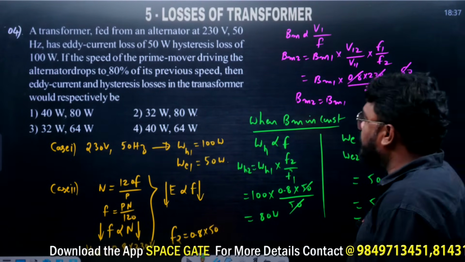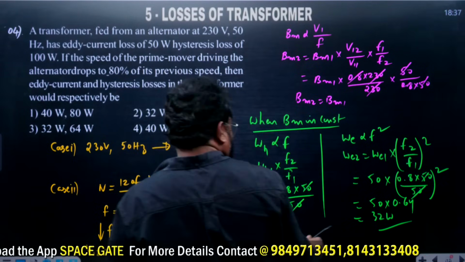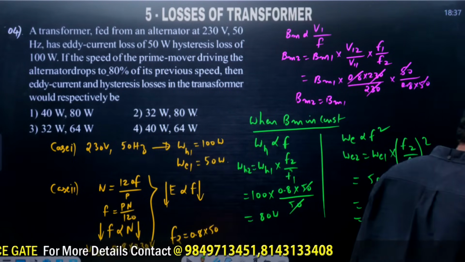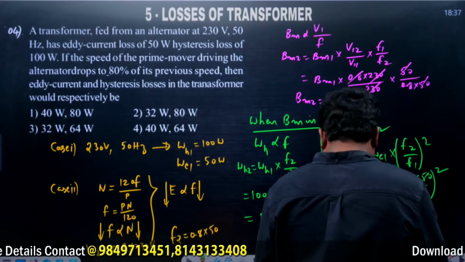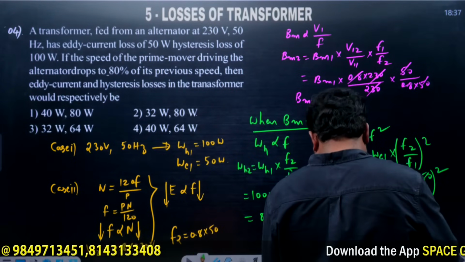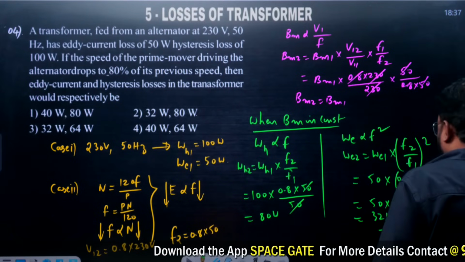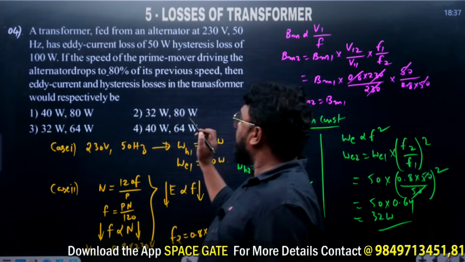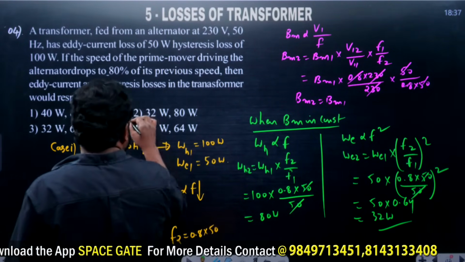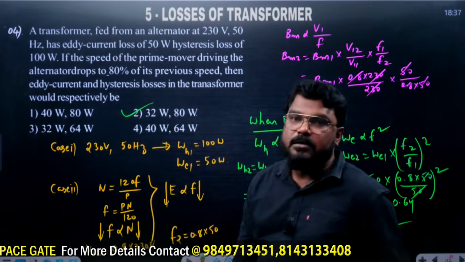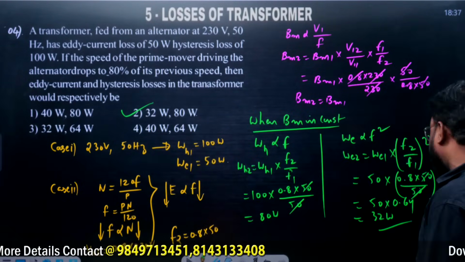By solving here we will get 32 watts. Is it correct? 6.4 into 5. Yes, 32 watts is the right answer. Eddy current losses equal to 32 watts and hysteresis losses equal to 80 watts. So option 2 is correct for this question.